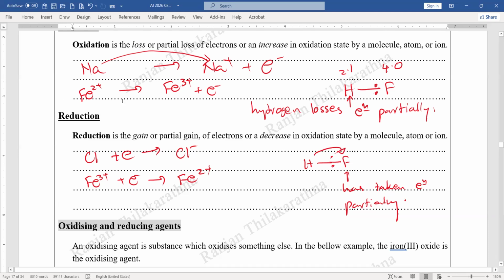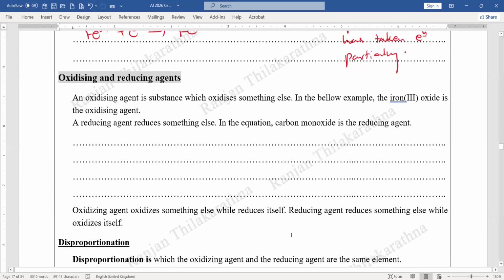In oxidizing and reducing agents, normally what they do is they facilitate. Oxidizing agent means the one which helps to oxidize.